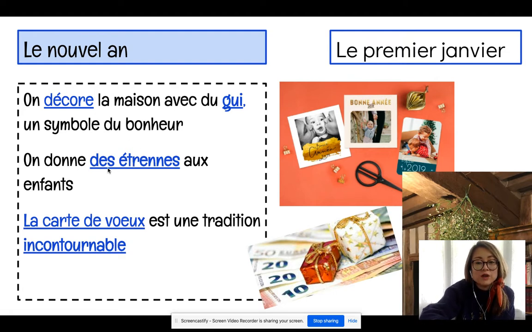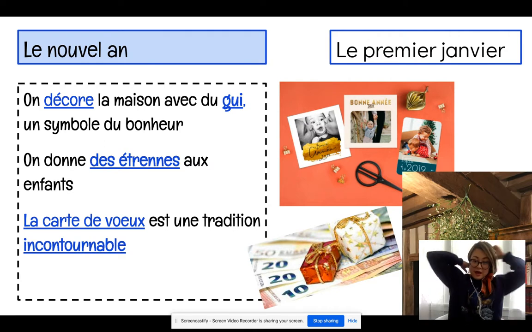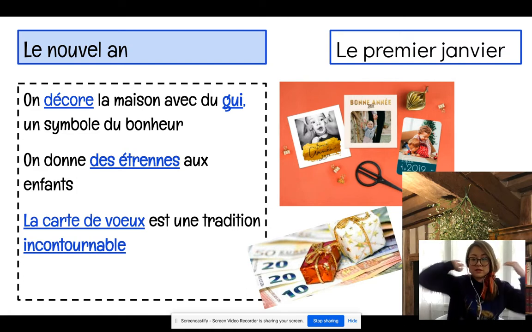Et on donne des étrennes aux enfants. Voici la photo qu'on vient de regarder. Des étrennes, il n'y a pas vraiment une définition que je peux dire en anglais, mais des étrennes, ça veut dire des petits cadeaux, little gifts. So this is a tradition that they have in France where the adults in the family will give these little gifts.